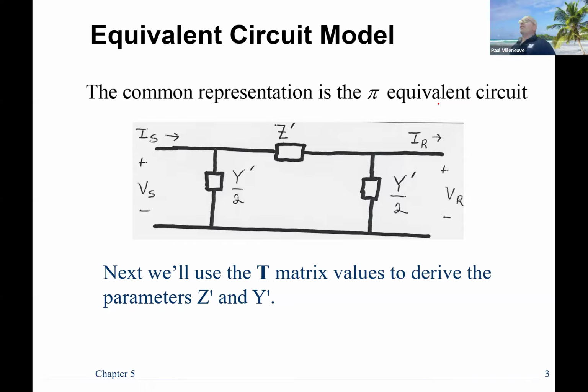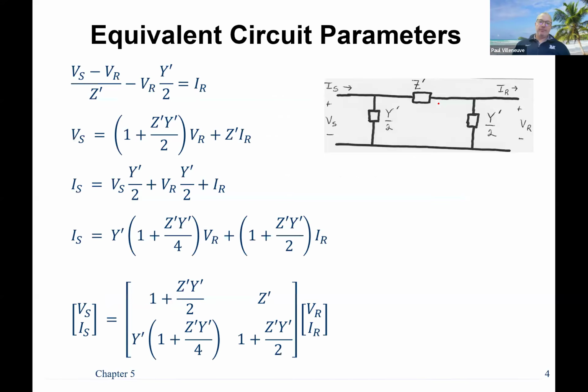So instead of calling them Z's and Y's, we do Z primes and Y primes. Okay? There's still admittances, there's still impedances, but they are primed. And so now we have to calculate what those terms need to be. But what we need to do is make sure that these are equivalent. So I'm going to write a couple of equations.